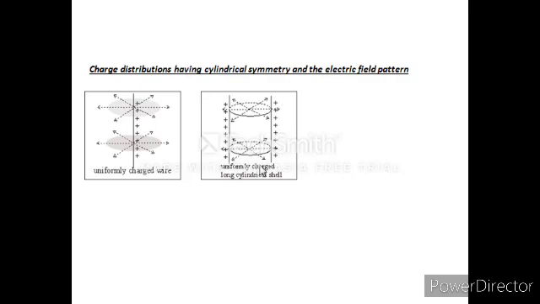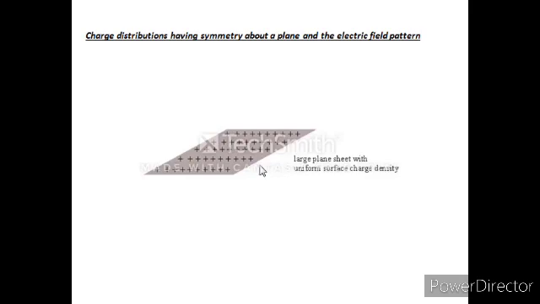The last one is symmetry about a plane, and we'll just discuss its example. This is a very large plane sheet having uniform charge density on it. We could say that there exists symmetry about a plane only if the charge density depends on distance from this plane.